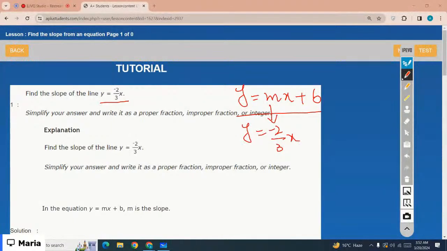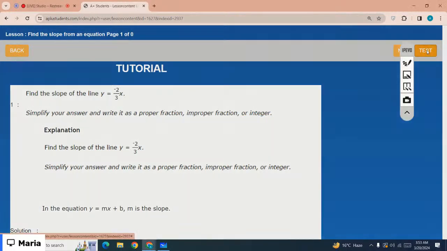So the correct option is m equals negative 2 over 3. Got it? The correct option is negative 2 over 3. You have to compare the equation with the general form y equals mx plus b. So the slope is negative 2 over 3.